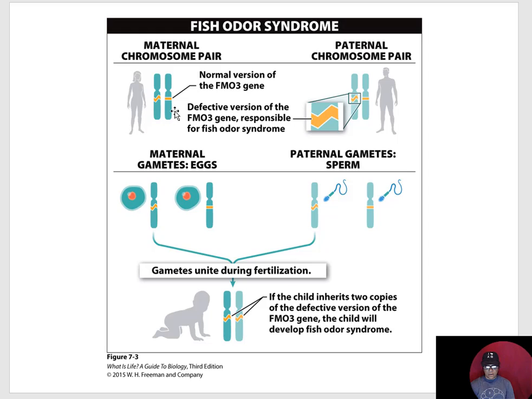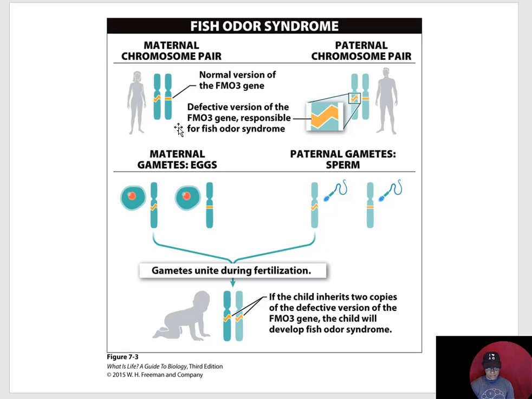So here we're looking at the maternal chromosome pair. Here we have the mother that has the normal version of the FMO3 gene, and a defective version of the FMO3 gene, which is responsible for fish odor syndrome. Okay? And so now we're looking at the paternal chromosome pair, and here we see he has one normal version of the gene, and he also has one abnormal version of the gene.